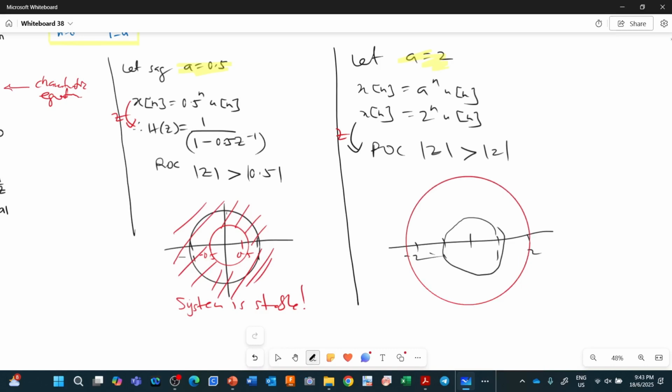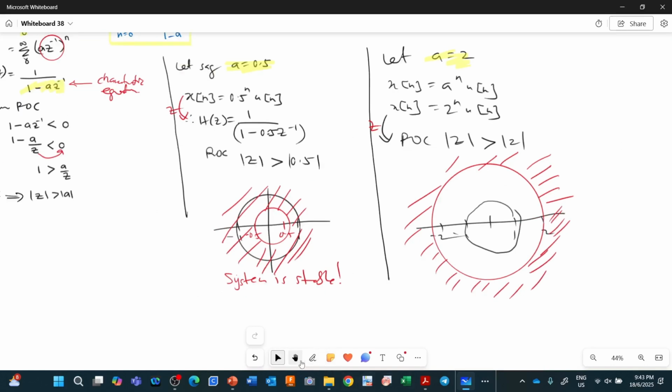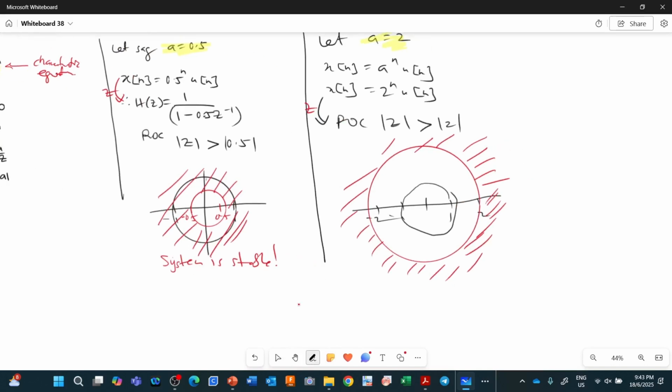So |Z| more than 2 means outward. For this case, does the ROC cover the unit circle? No. So when it does not cover the unit circle, the system is unstable. Unstable. Oh, very bad. Unstable.